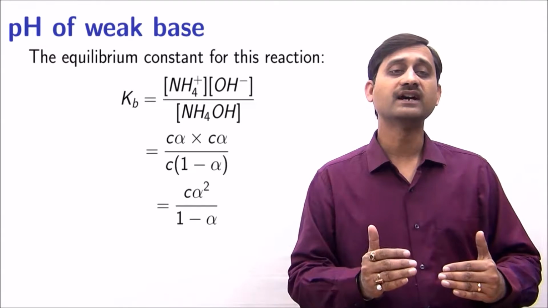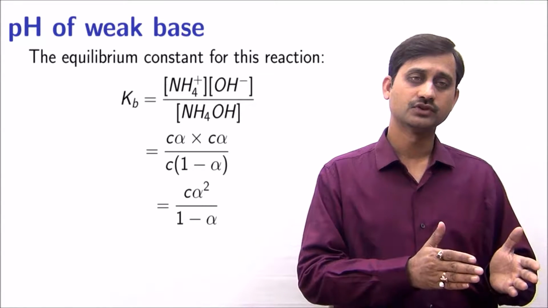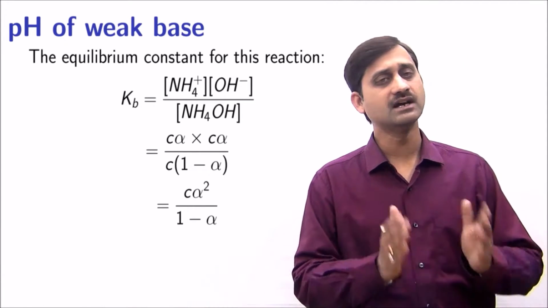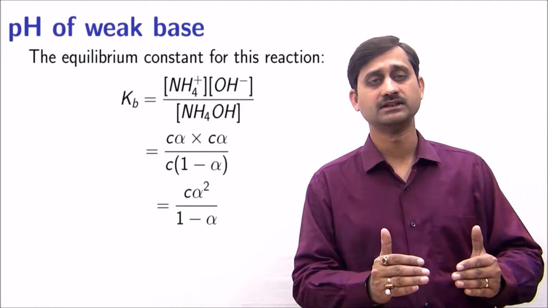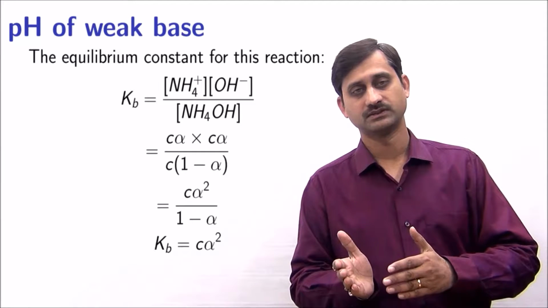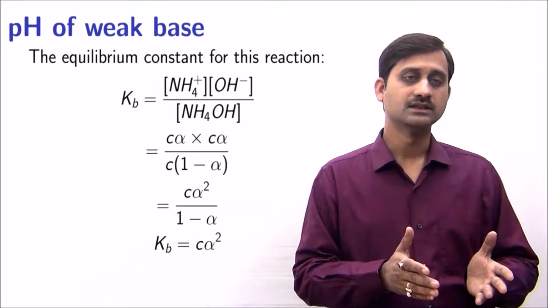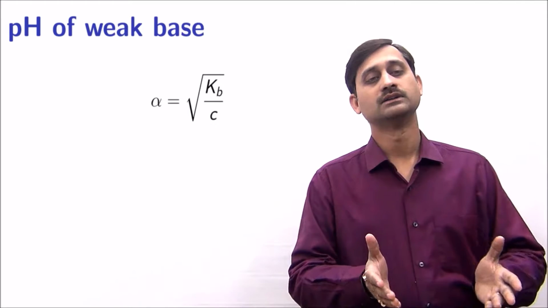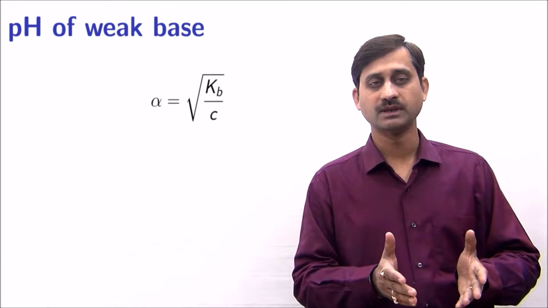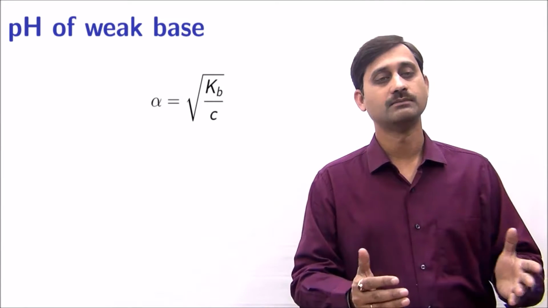Again, alpha is insignificant in comparison to 1, so we can simply neglect alpha in comparison to 1 in the denominator, and we get Kb is equal to C alpha square. The value of alpha would now turn out to be the square root of the dissociation constant of the base Kb divided by the concentration of the base.